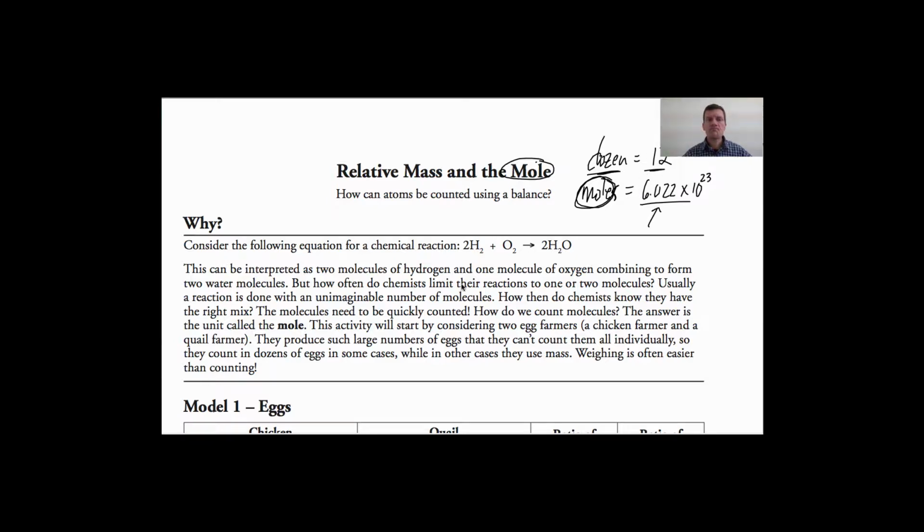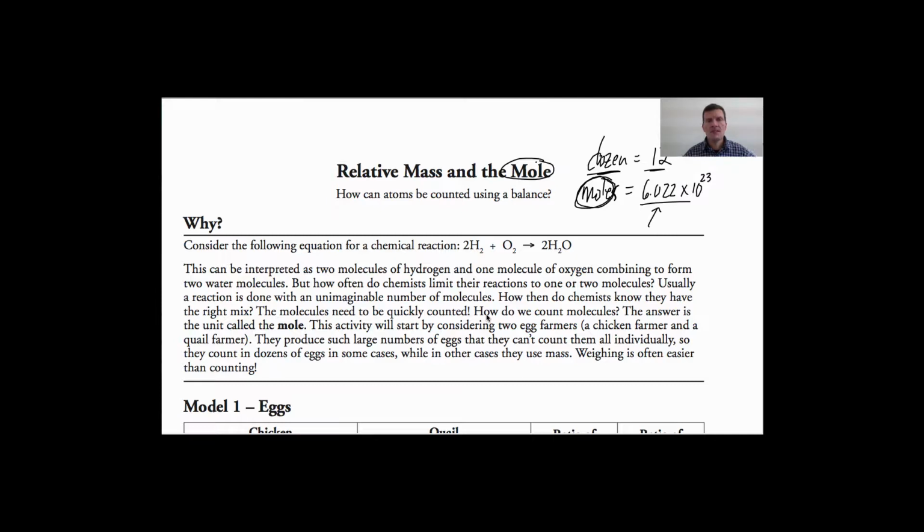So how do we count molecules or particles or atoms? A chemist is never going to count out 10 atoms or 10 molecules. That's impossible. We have to talk about huge quantities of them, because even in a mouthful of water you've got a tremendous number of water molecules.